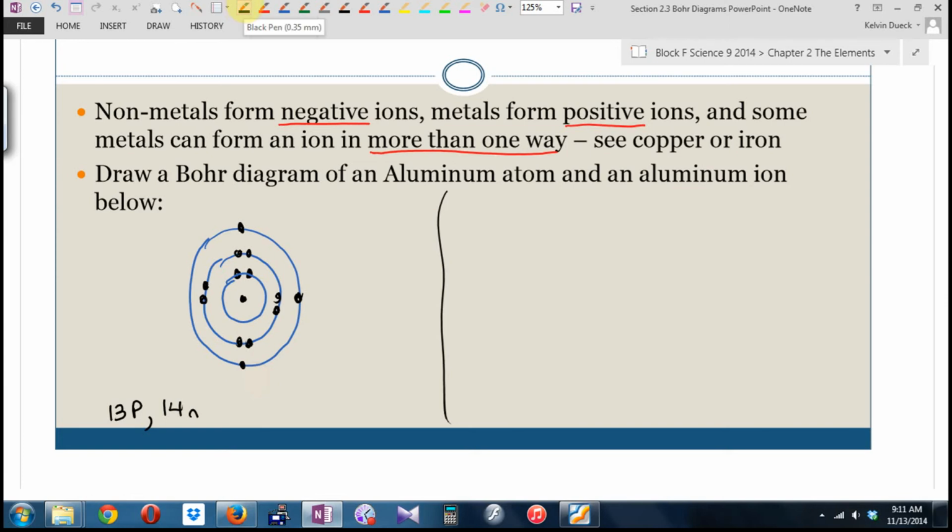We're going to start off with the same kind of idea. Here's the nucleus. The first shell doesn't change at all. 1, 2. Write 13. We'll do that at the bottom in a second. I can do that right now to make you happy. 12. Sure. I should have done that so I don't forget.